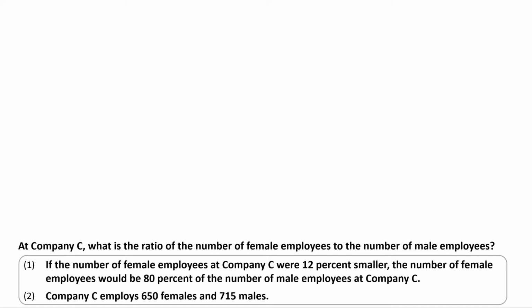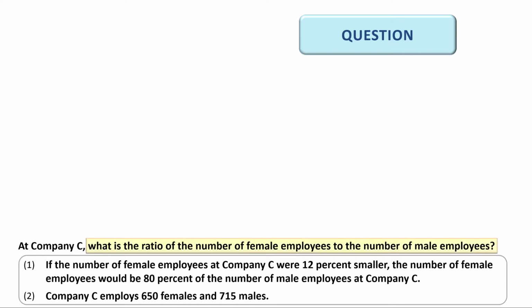Stage 1 of our solution is to process any givens. In this problem, however, there isn't really any given information in the top section, so let's move on to stage 2, which is to process the question. The question is this part, which asks for the ratio of female employees to male employees.